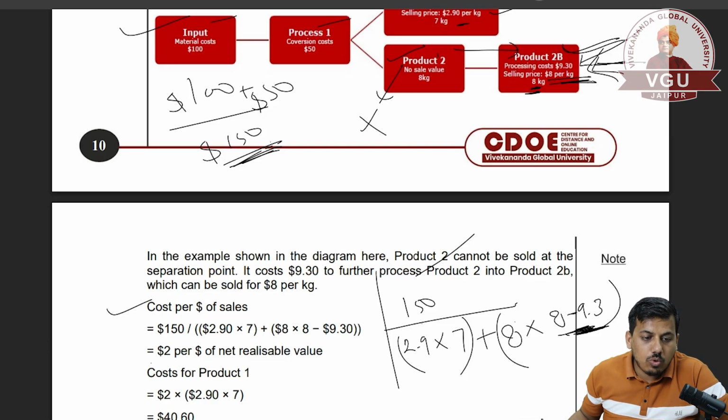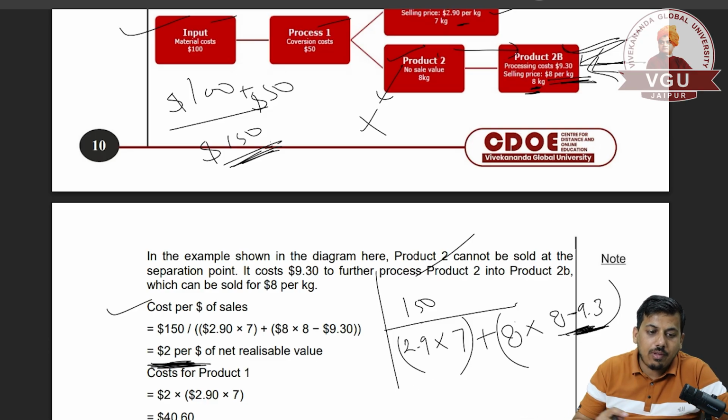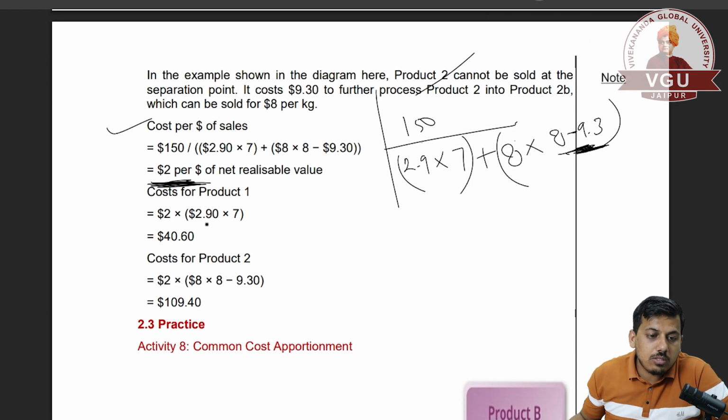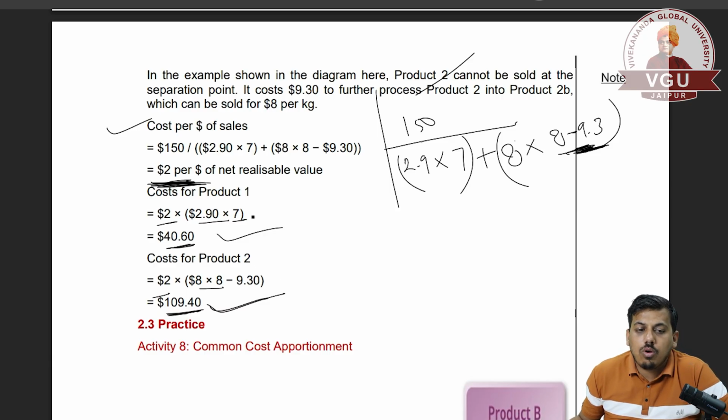So the value is $2. Now that we have calculated $2, we can easily multiply it by the cost. So $2 multiplied by 2.9 multiplied by 7 is 40.60, and 2 multiplied by 8 minus 9.3 gives 109.40. This is how we will segregate our $150 between both the products. Okay, thank you.